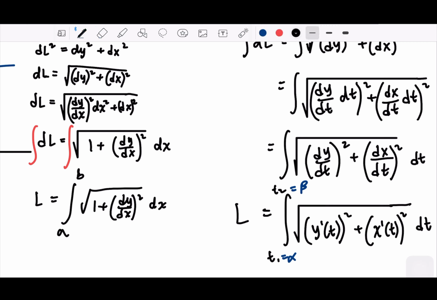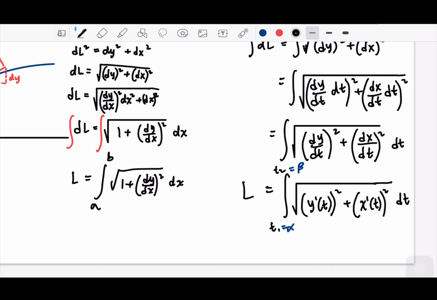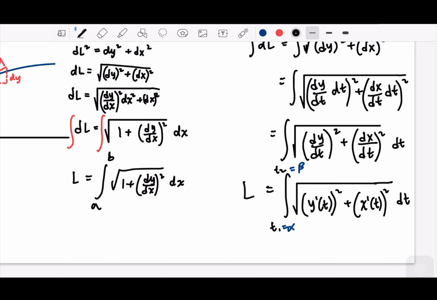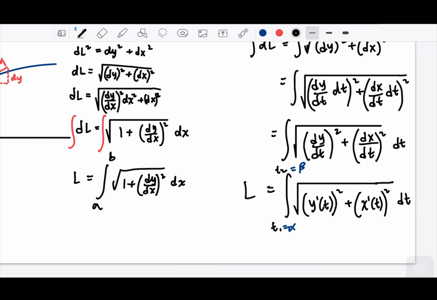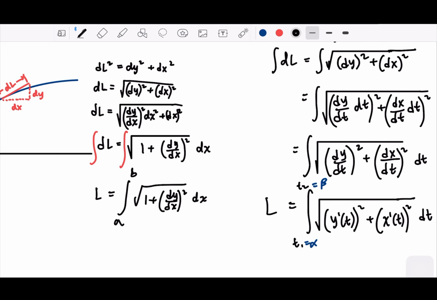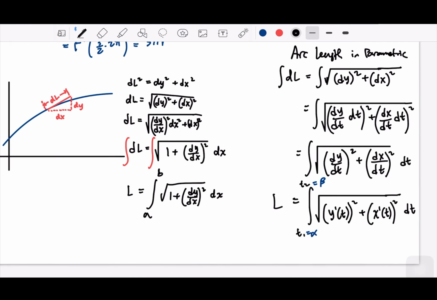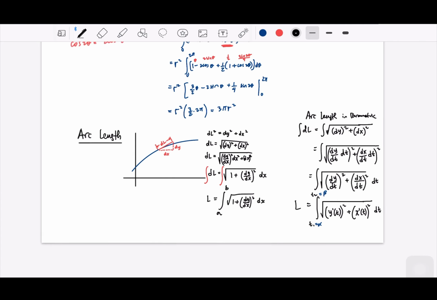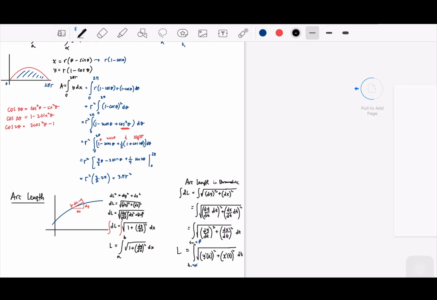Okay, to check on how we understand how to use the arc length, we can try to look on the example.